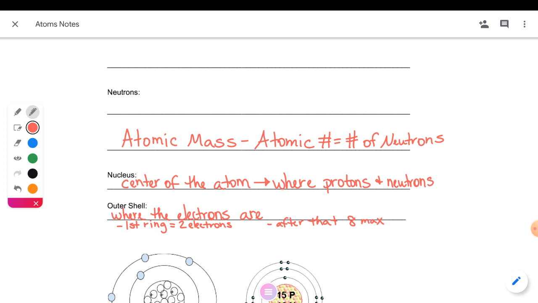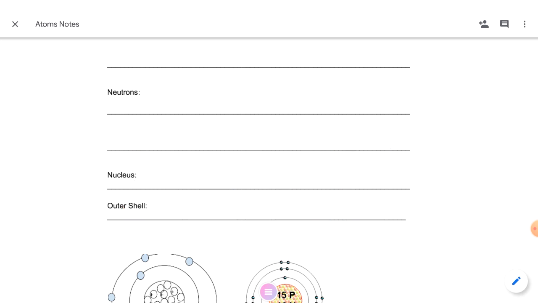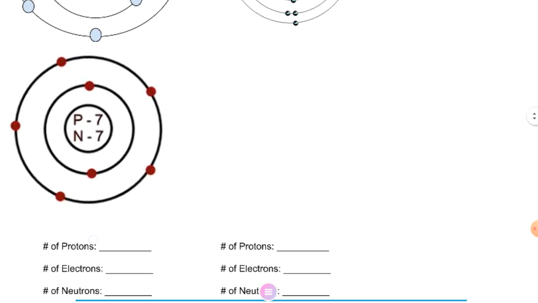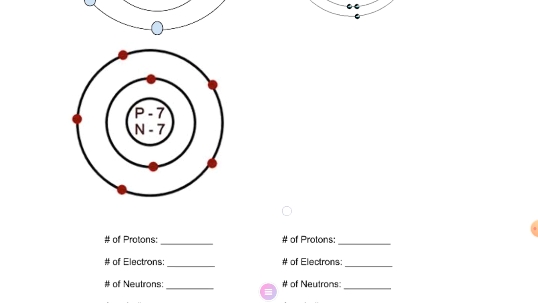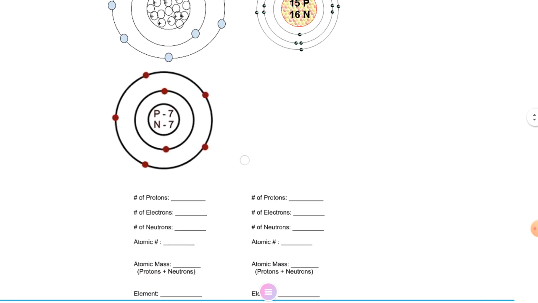Okay, let's look below. I'm actually going to start with the one on the far right. I'm just going to fill out the lines under it, even though mine looks different than yours.